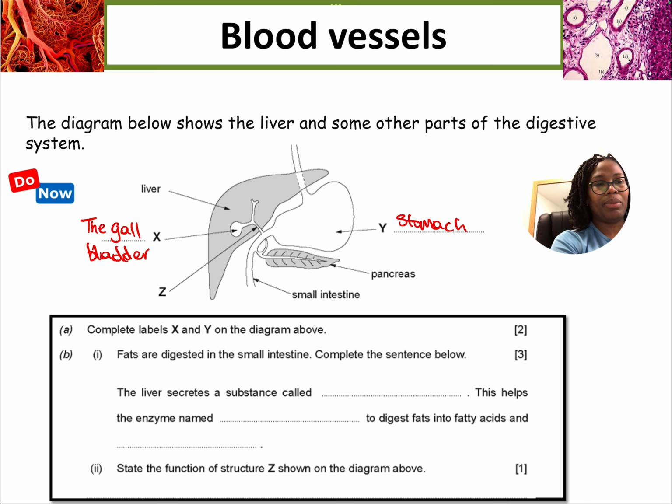Complete the sentence below. The liver creates, or rather secretes, a substance called bile. This helps the enzyme lipase to digest fats into fatty acids and glycerol.